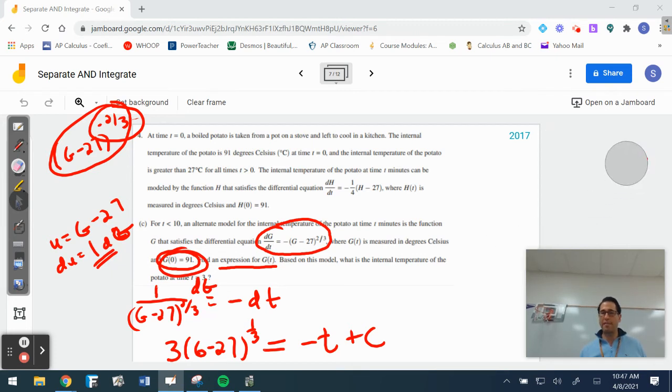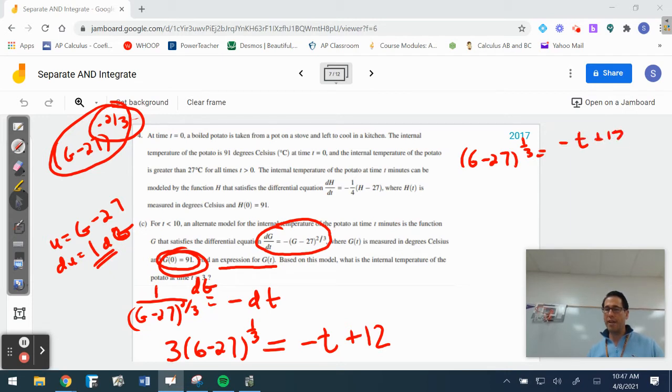Remember, once I find my c, I come over here and I plug it back in, and then I solve for g. Well, how do I solve this for g? The first thing I would do is divide by 3, and I get negative t plus 12. I know it looks like you want to make that a 4, but don't you dare. Next, I'm going to cube both sides.